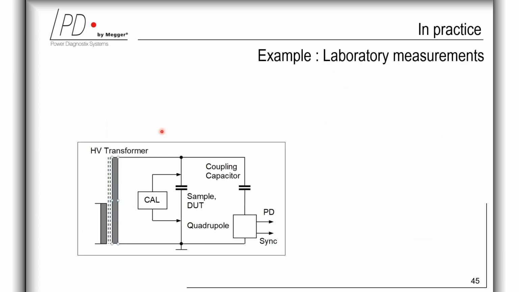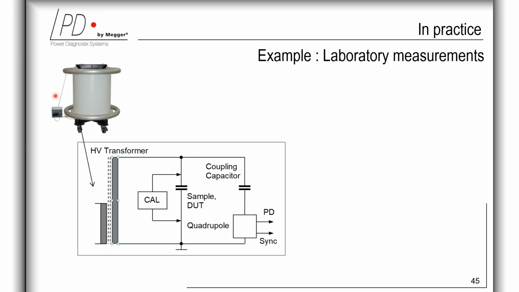And here you see a general circuit of such conventional IEC compliant partial discharge measurements. Firstly, you have the high voltage transformer, and here you have the quadrupole, which is placed at the earth side of the coupling capacitor. And therefore, the test object can be directly connected between the high voltage supply and the earth.